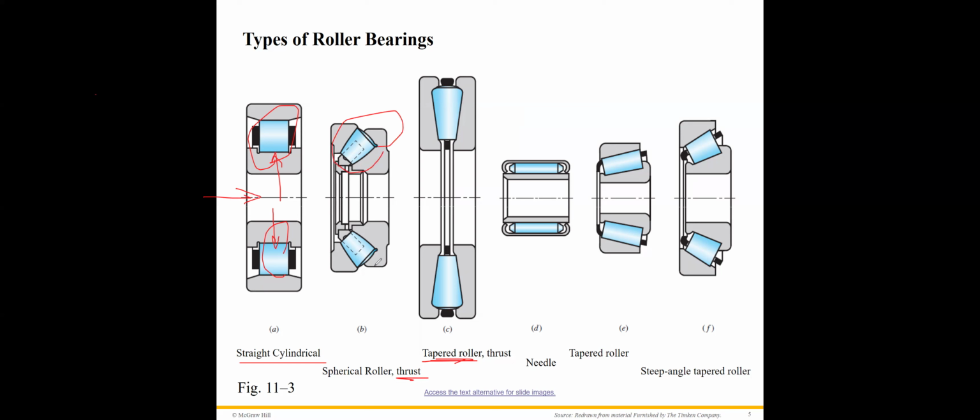However, the thrust or taper roller bearing can be subjected to either radial or axial loading, depending on the application that you are going to use it for.